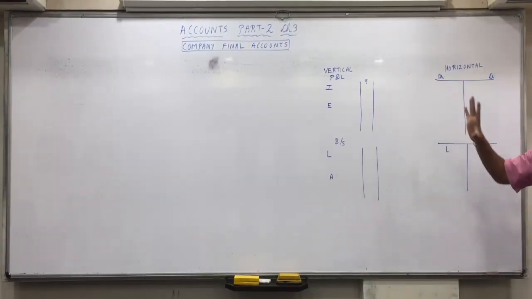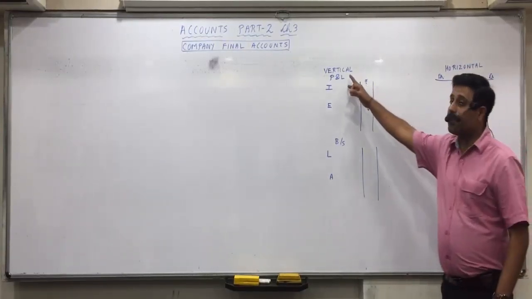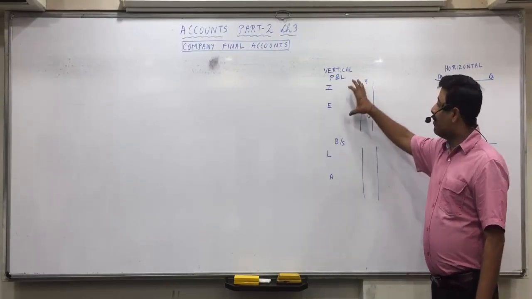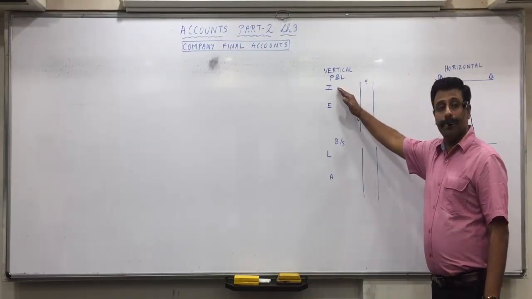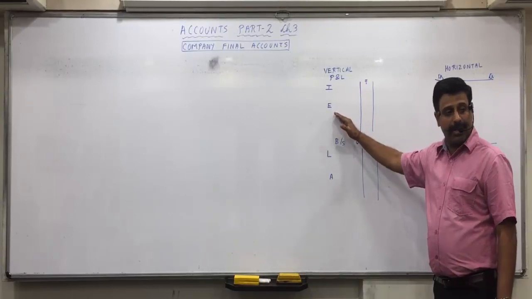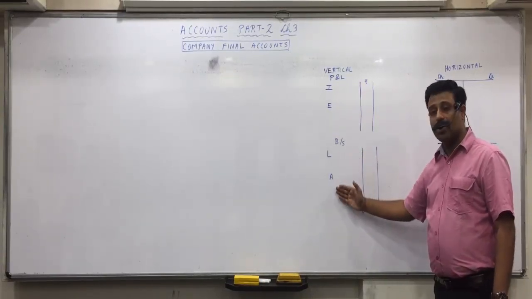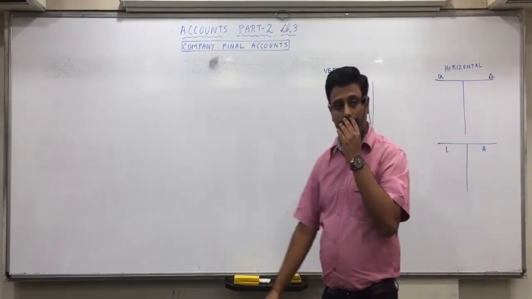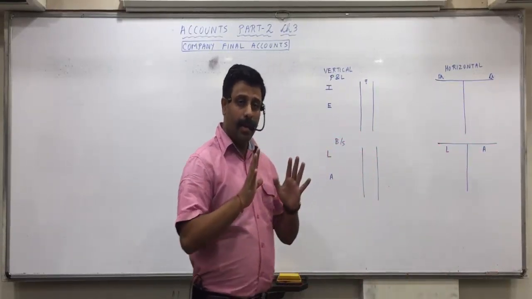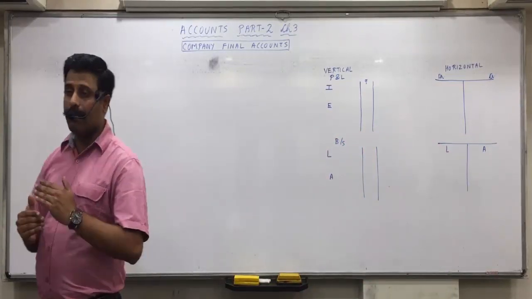But company's final accounts will be made in vertical format, where in P&L account first we will show incomes, below that we will show expenses. Same way in balance sheet, first we will show liabilities, below that we will show assets. Understood that?